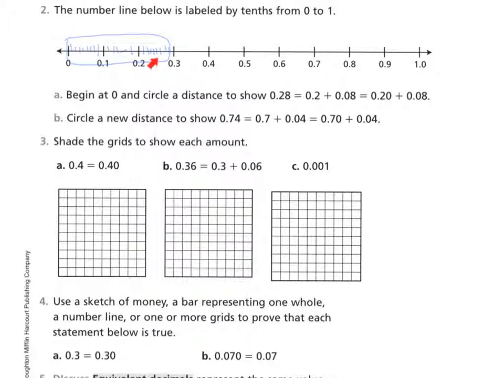So if I were to do that, you would know that 28 hundredths is the same thing as 2/10 plus 8 hundredths.